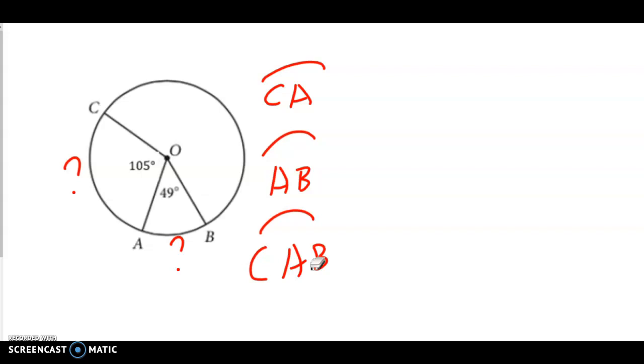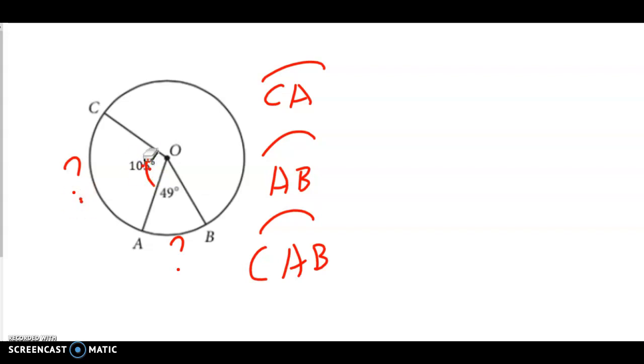Because angle COA is a central angle, the central angle's degree will be the arc degree. They are the same degree.